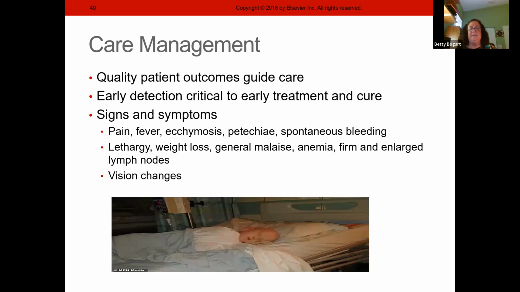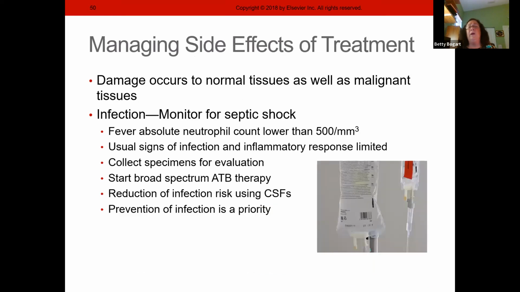So the signs and symptoms that you will see, a little bit of what I said with my next door neighbor, are pain, fever, ecchymosis, petechiae, bleeding. Remember, their blood counts go low. And then, with the bleeding and low blood counts, the lethargy and general malaise, you're going to see those things. And then firm, enlarged lymph nodes. And sometimes you even see vision changes with these children, depending on what's going on.